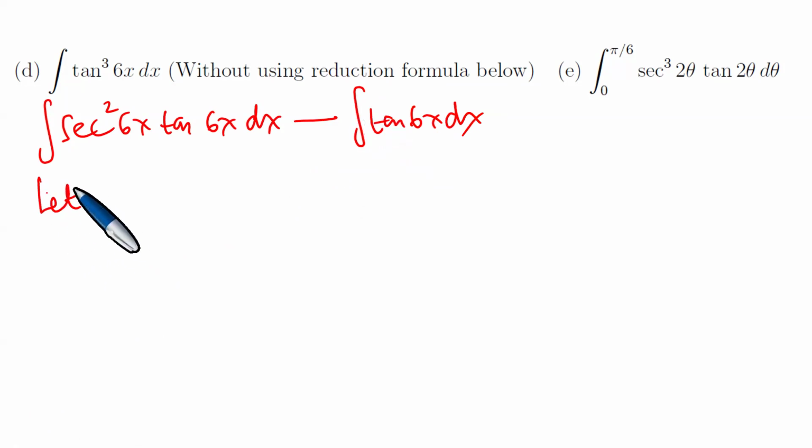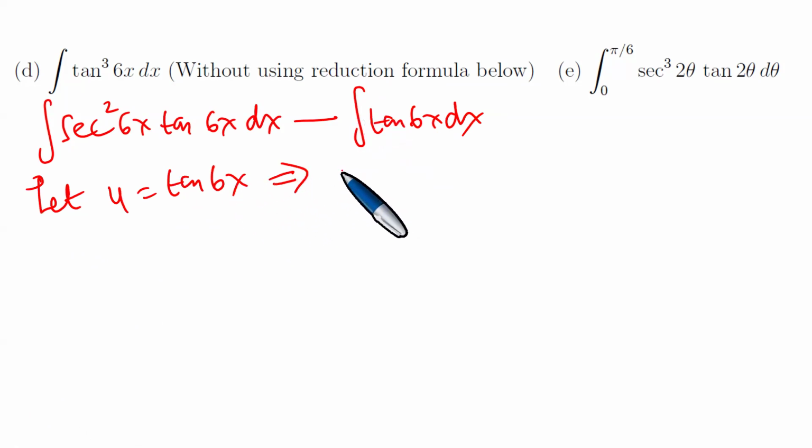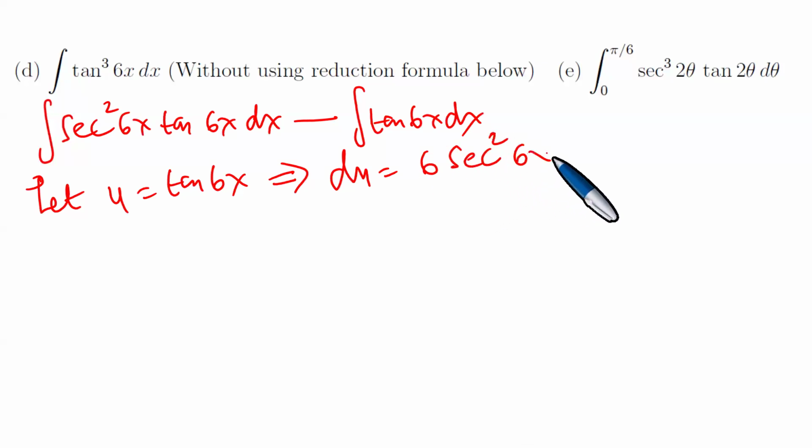So you let u, du is 6 secant squared 6x dx.